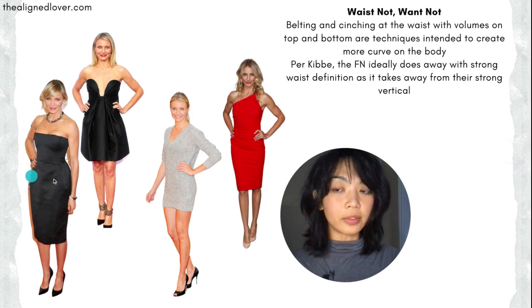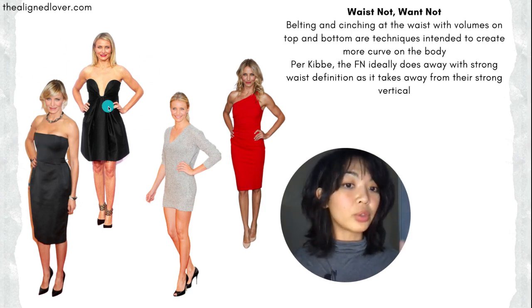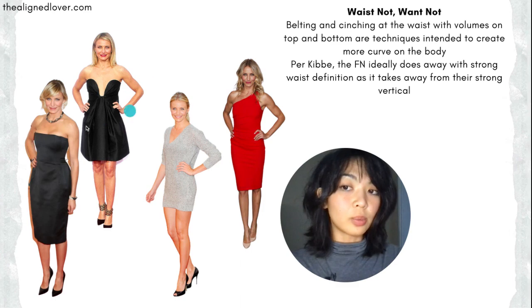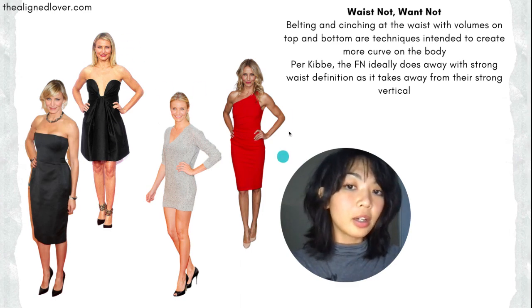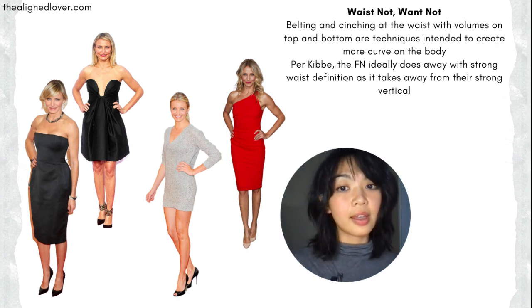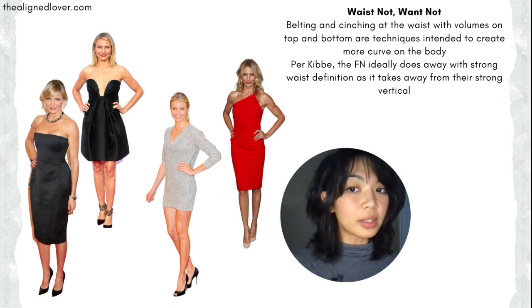So again, for the conventional body shapes, we are seeing forced waist definition and forced volumes and a little bit more of that segmentation and some more roundness. Here on the right side, we are seeing a total lack of that. There's no forced waist definition.